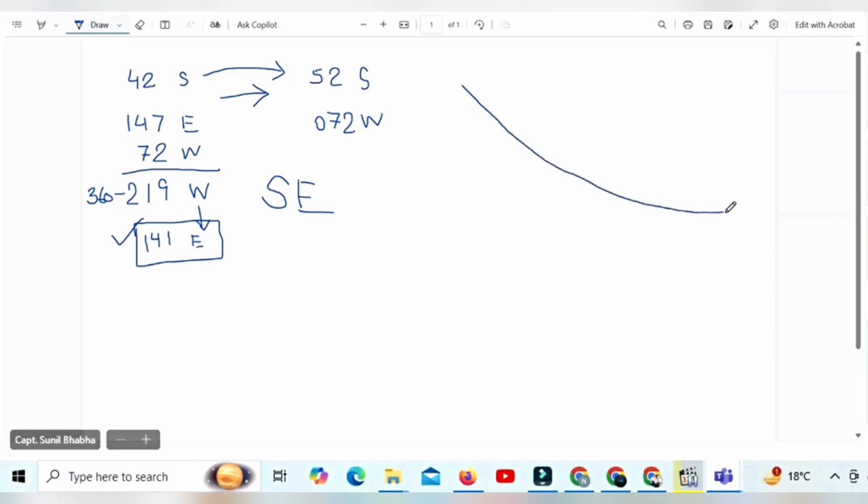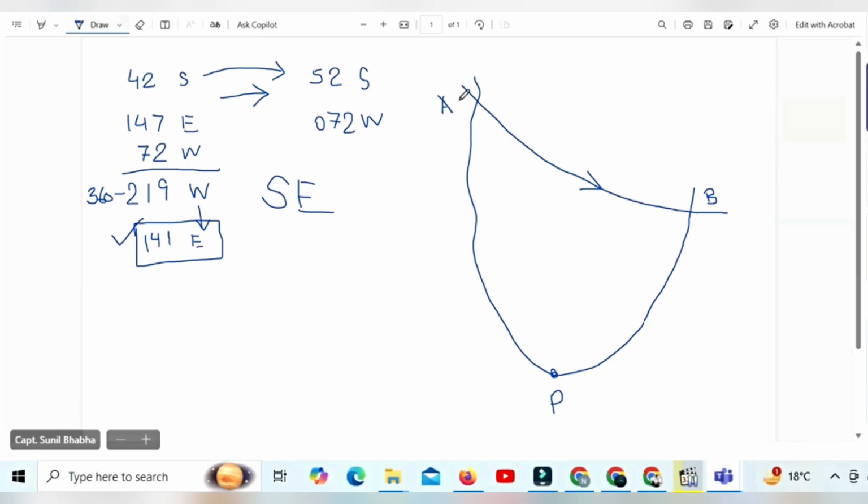I will make the pole and draw my initial and final positions. This is my starting position A, this is my destination B, this is the pole, and I'm going in the southeasterly direction. Latitude is going southwards, and as far as longitude is concerned, we are moving eastwards. This is how the diagram will be.